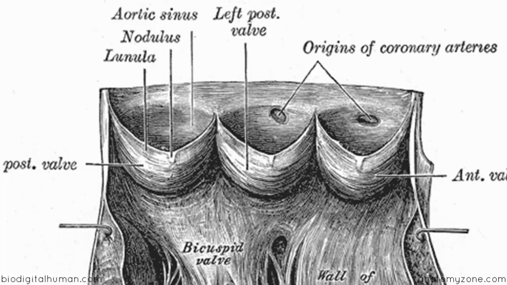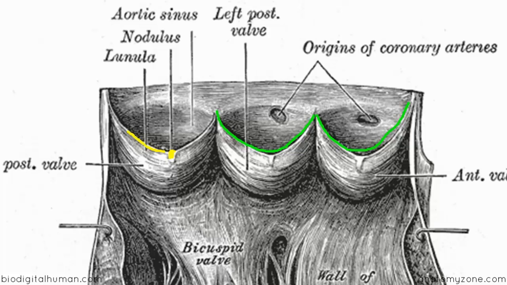So what we're looking at is we've cut open a section of the aorta and the outflow tract, and we've opened it up flat. So we've got the three cusps in a row here. So you've got the left cusp and the right cusp. And just like the pulmonary valve, you've got this thickening called the nodule, and you've got this thin part which is the lunulus.